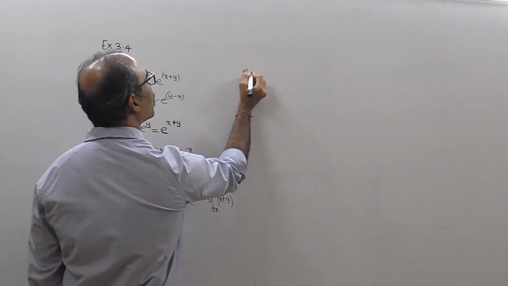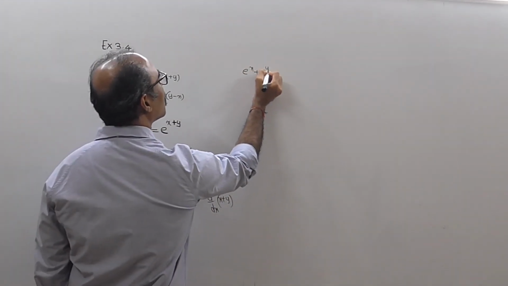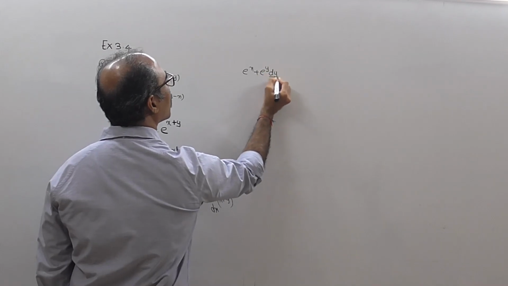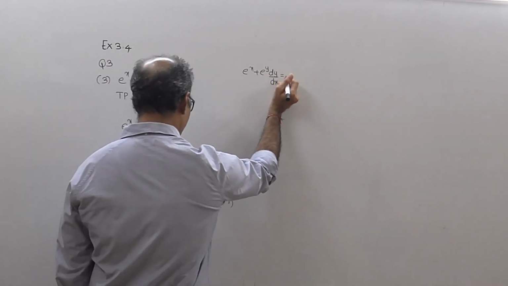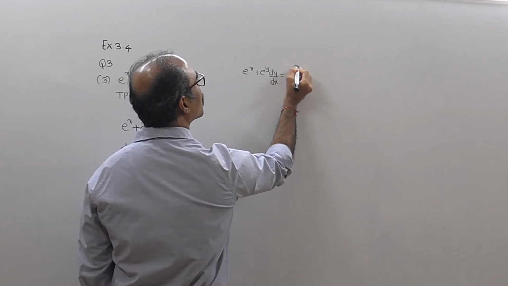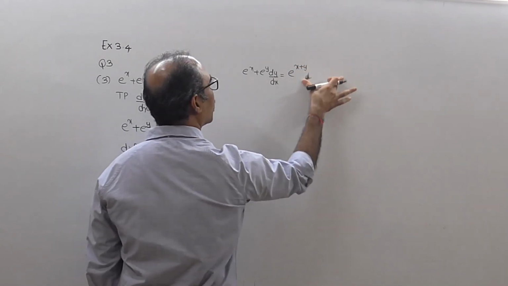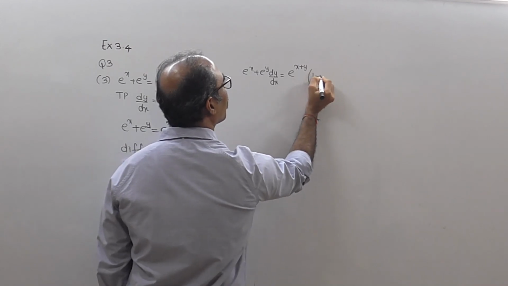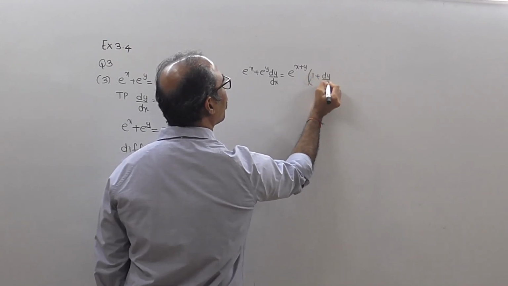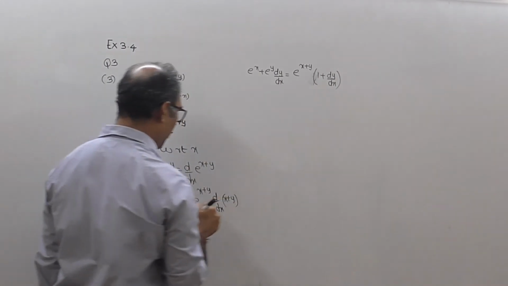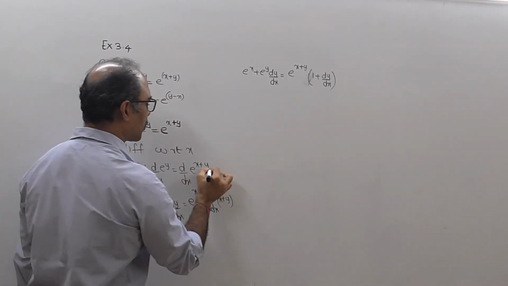So we get e raised to x plus e raised to y dy by dx equal to the derivative of e raised to x plus y, which is e raised to x plus y, and the derivative of x will be 1 and the derivative of y will be dy by dx. This is e raised to f of x.